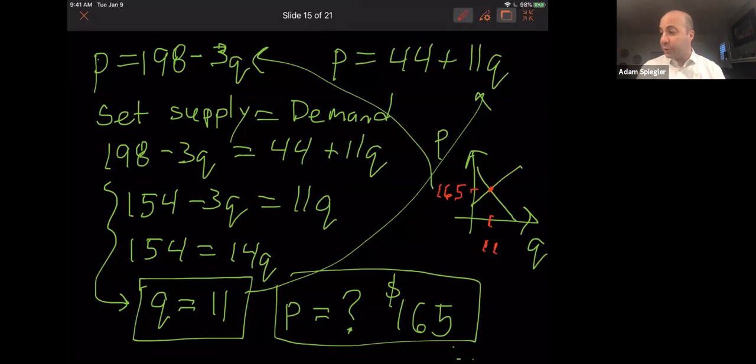So we found the intersection point of those two lines. The mathematics that we use here is really the same mathematics that we use with the revenue and the cost, but it's a different context. So we just want to make sure that we interpret the components of the formulas correctly.